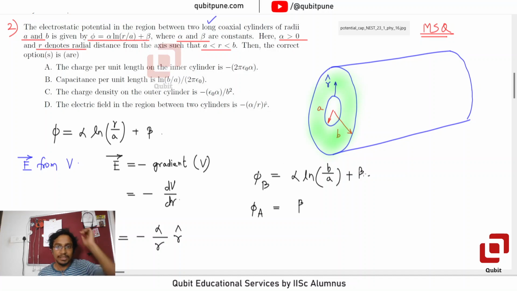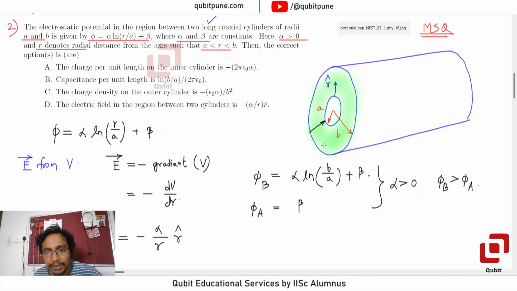And because alpha is positive, they have given, the potential is higher at B than A. Okay, so the potential is decreasing as we go inside. Now tell me, is the direction of electric field justified?